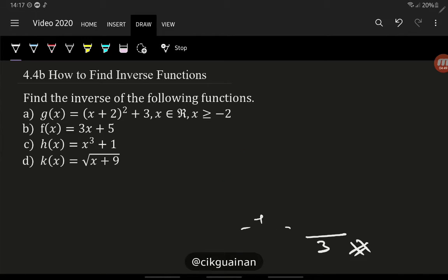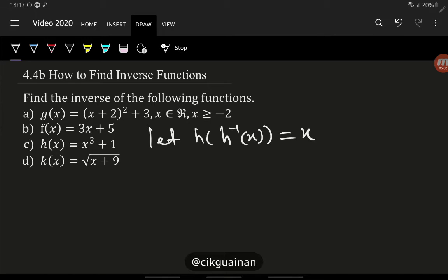Let's move on to the third one, h(x). Let h inverse of x equal x. Now let's define this h first.